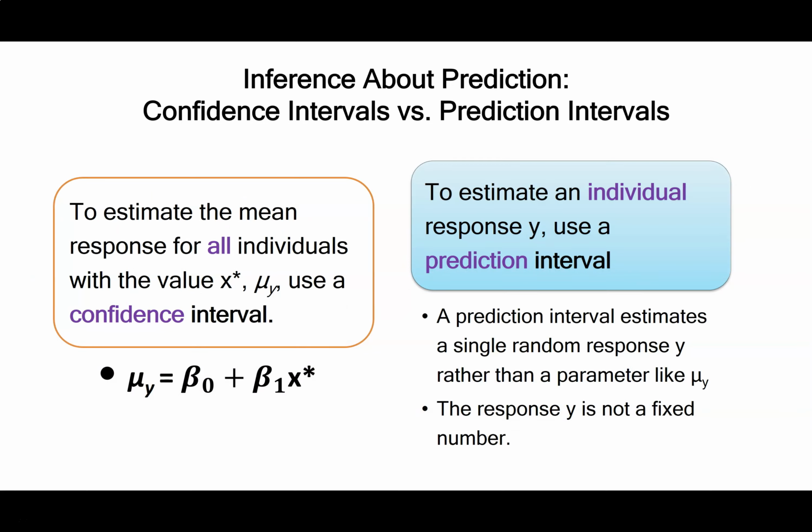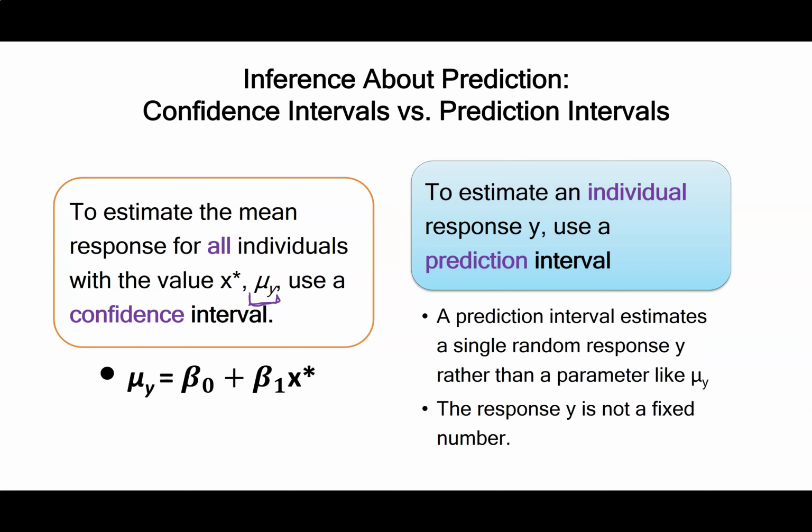So confidence intervals versus prediction intervals. If we want to estimate the mean response for all individuals with a specific value of the explanatory variable, so we're trying to figure out what mu of the y values is, we would use a confidence interval.